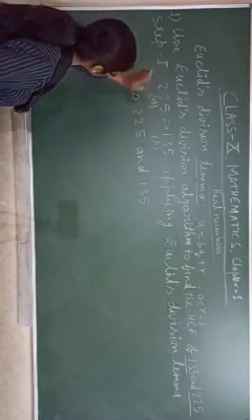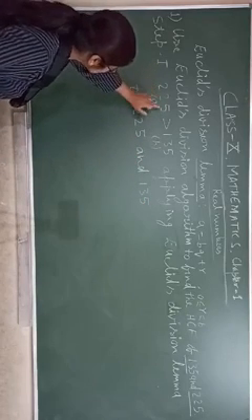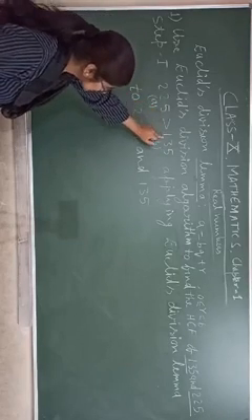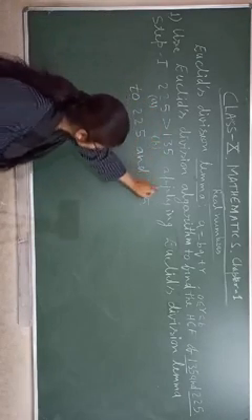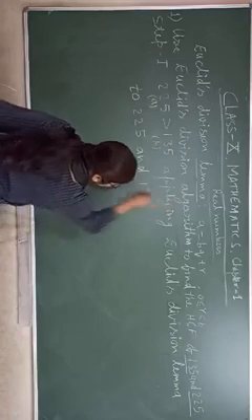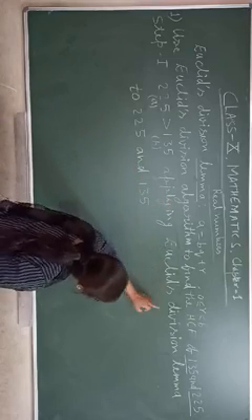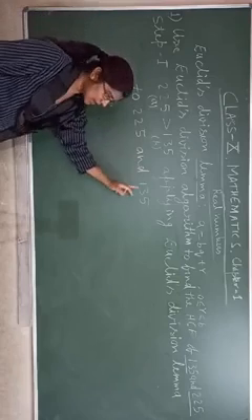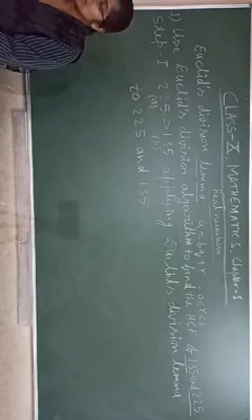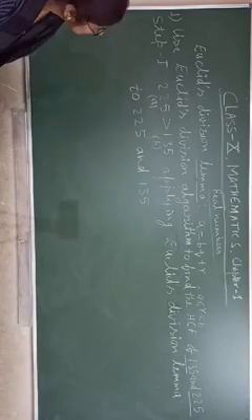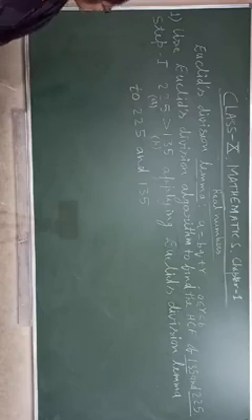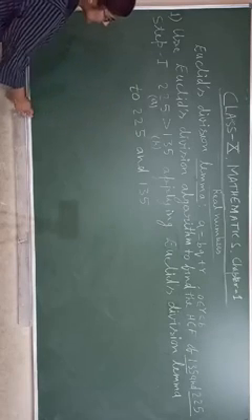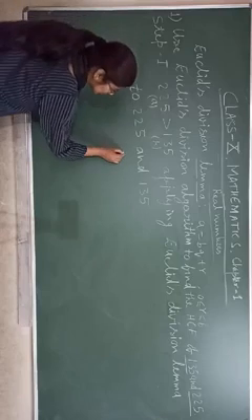First step, we have to choose the greater and the smaller. So 225 is greater than 135. Now applying Euclid's division lemma to these numbers 225 and 135. Look, what we will do: we will leave this space here and here we will do the division.